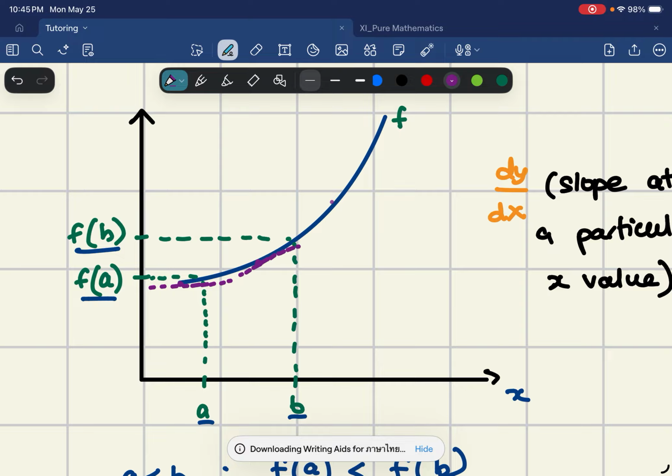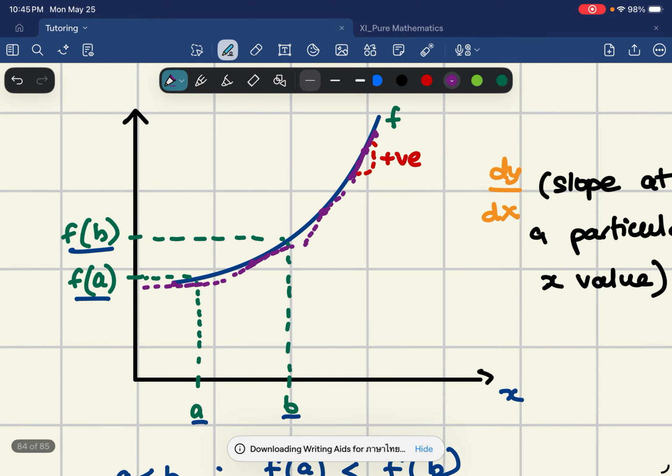The tangent line here is going to look something like this. I'm so sorry, my lines are bad, but you get the idea. And if you want the slope here, this is a positive slope, right? Remember your straight lines. This has a positive slope. This also has a positive slope.